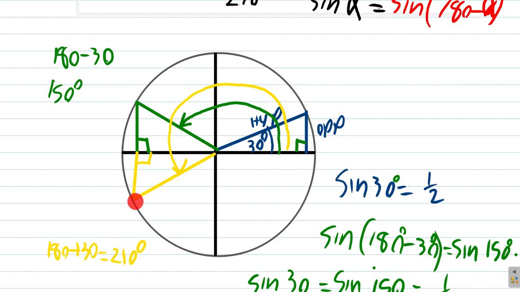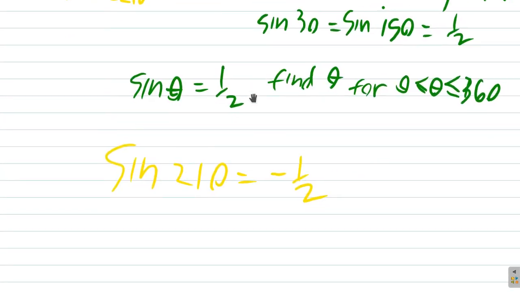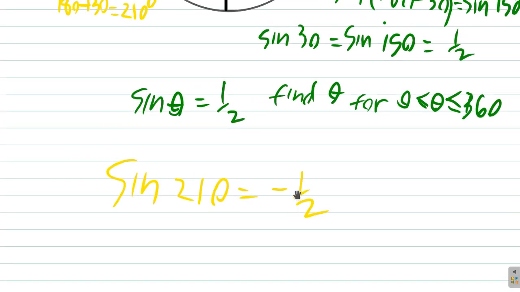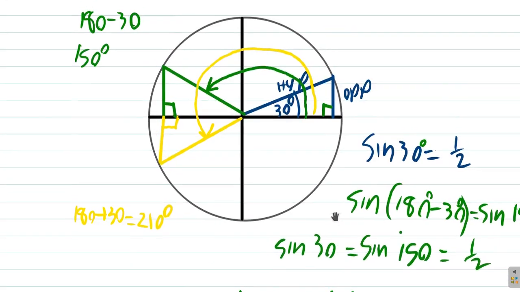It is in the negative direction of y. So a negative opposite over a positive hypotenuse gives you a negative value. That's negative a half.